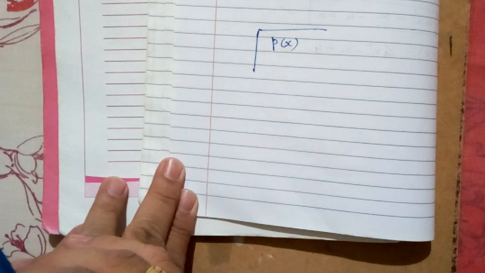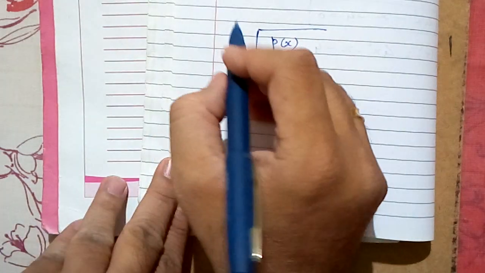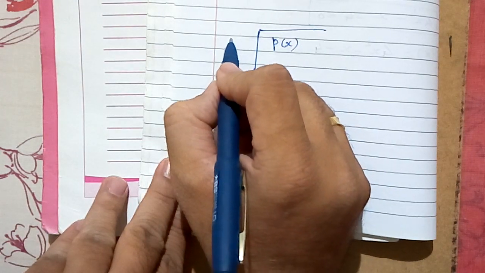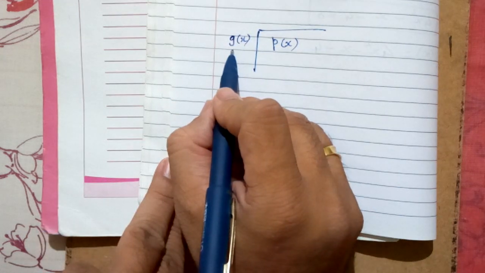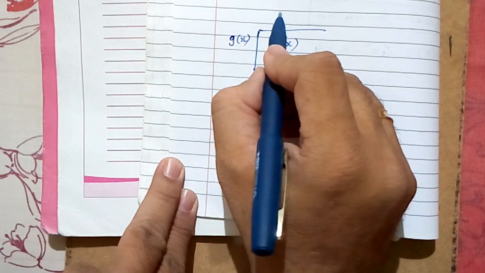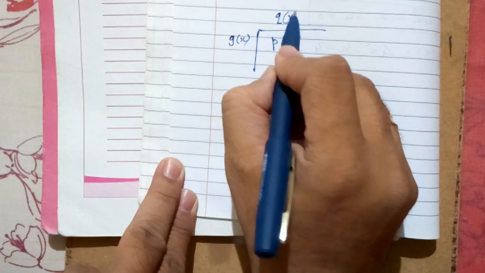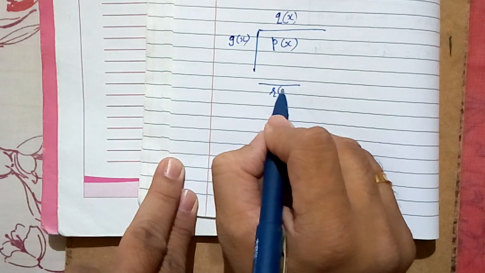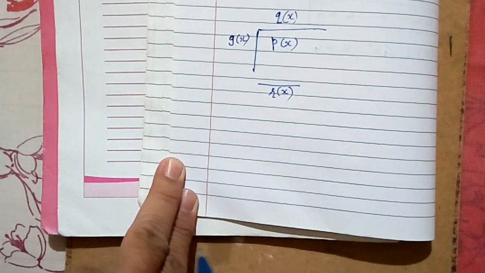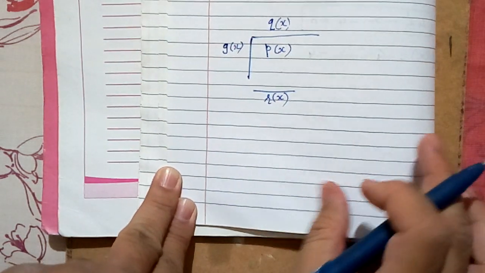So, p of x is said to be the dividend. If it is divided by g of x, so g of x is said to be the divisor. Here you are getting the answer, that is your quotient, and here what remains, that is the remainder. I explain again.